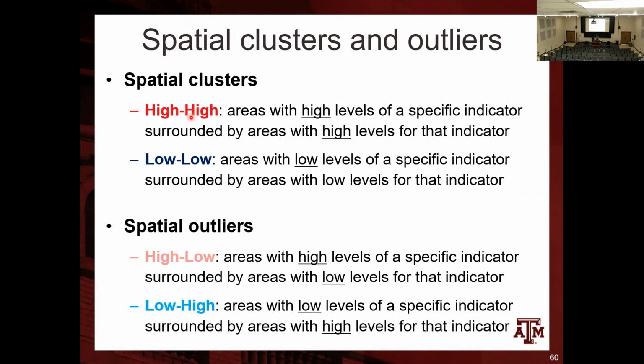The low clusters are those areas with low levels of a specific indicator surrounded by areas with low levels. And the spatial outliers are those areas that differ from their neighbors. So areas with high levels of a specific indicator surrounded by areas with low, and low-high, areas with low levels for a specific indicator surrounded by areas with high levels. Okay?